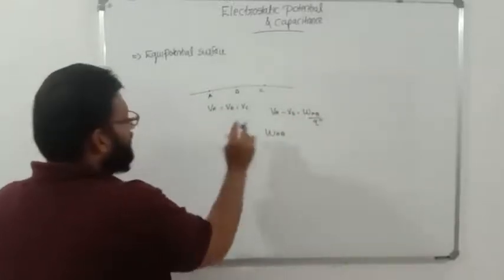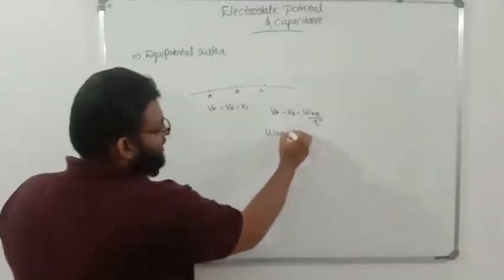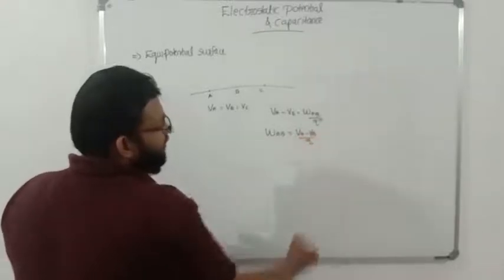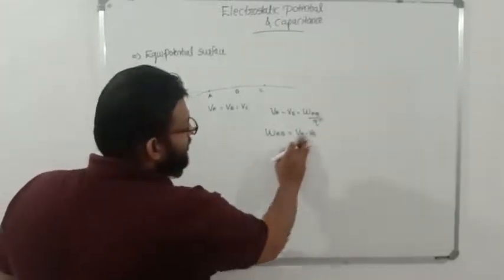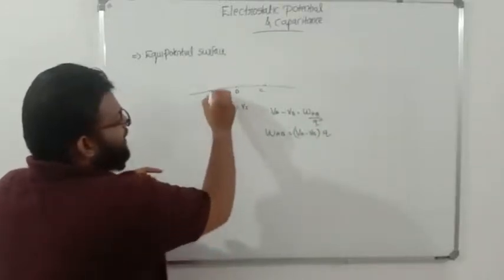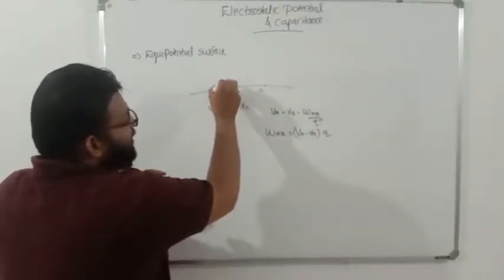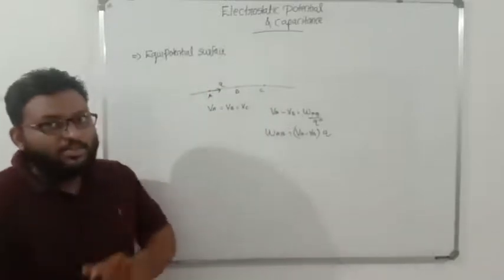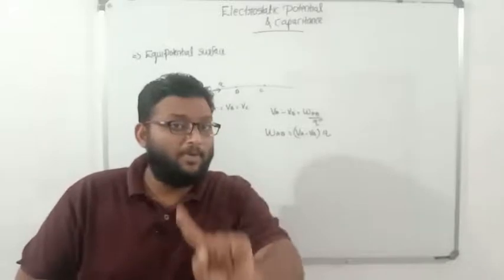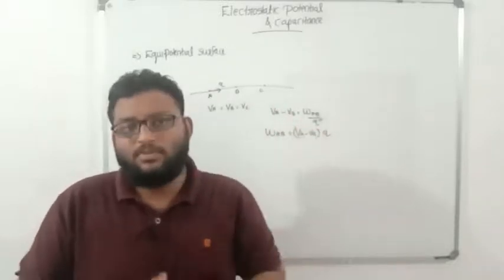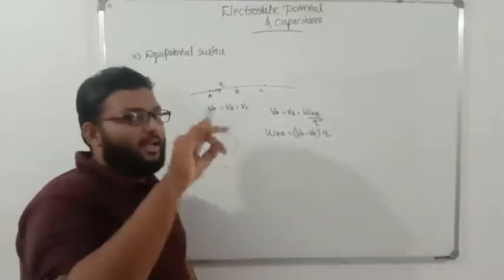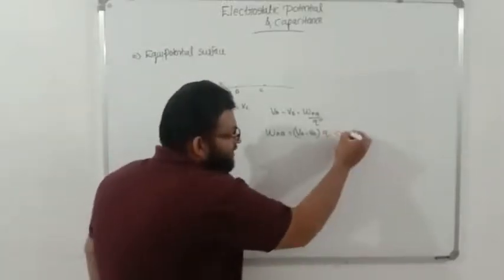Work done to move a charge from A to B is given by (VA minus VB) divided by Q, into Q. Now look here, if VA and VB are the same, you can move the charge without any work. So at the equipotential surface, work done to move a charge from one point to another is 0. We don't have to do any work on that equipotential surface.